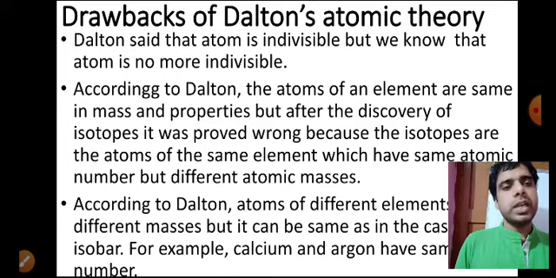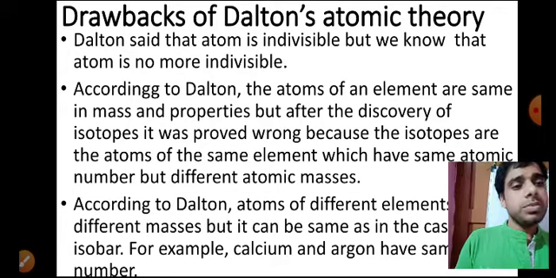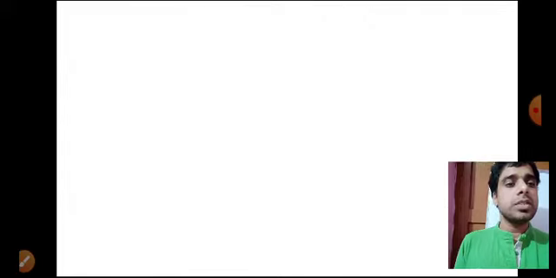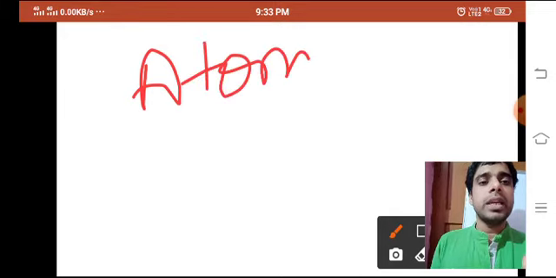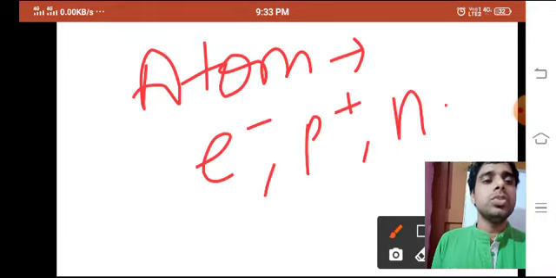Here you can see the first drawback of Dalton's atomic theory. Dalton said that atom is indivisible, but we know that atom is no more indivisible. As you can see here, I will write atom. One atom can break down into electron, proton, and neutron.